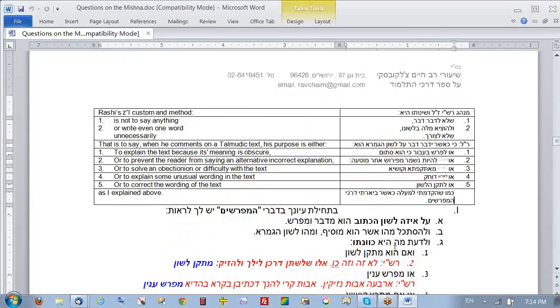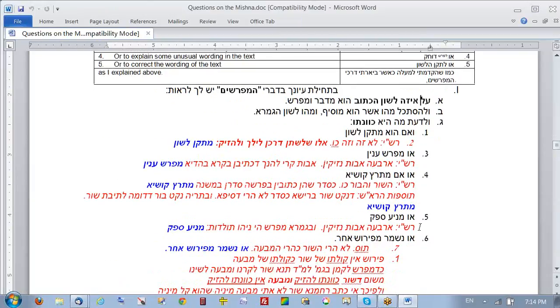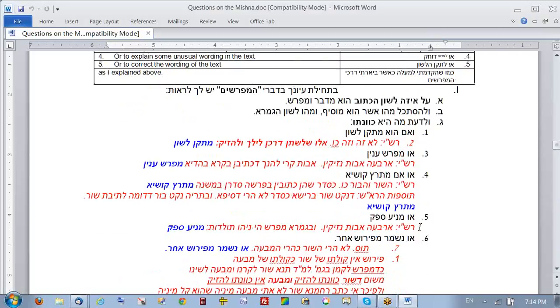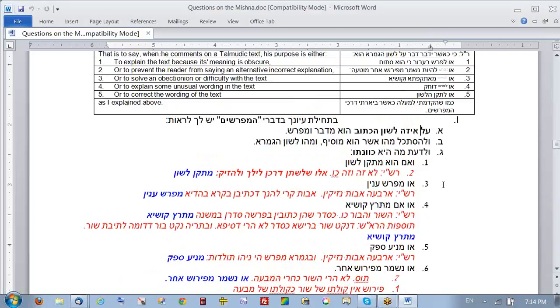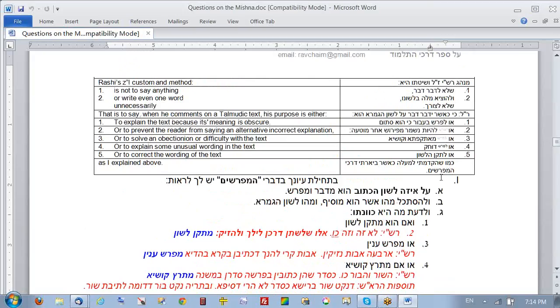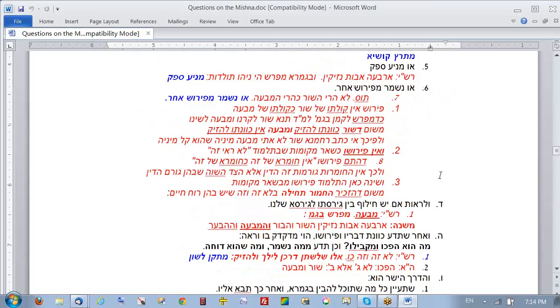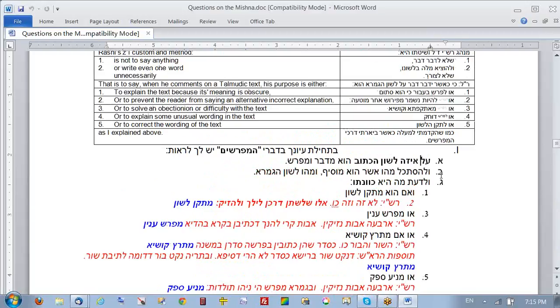Now, here's Rashi on our Mishnah, okay? Oh, I'm sorry, I did bring it here. Look at that. I actually did bring it here. One second.